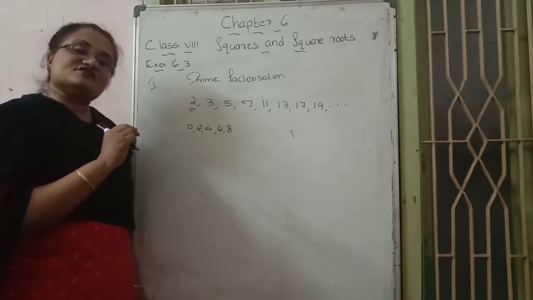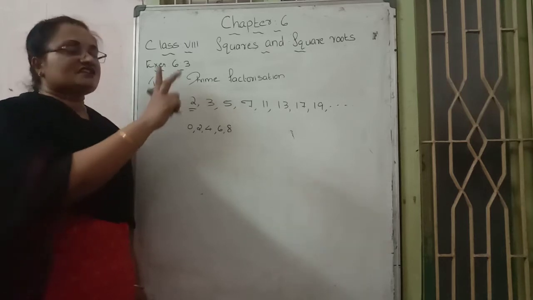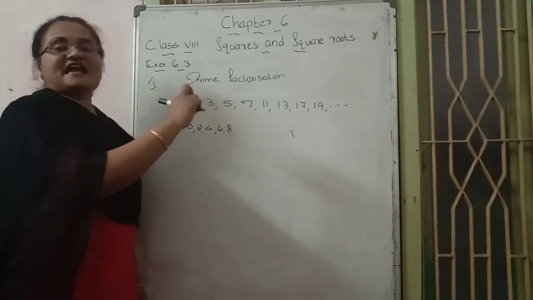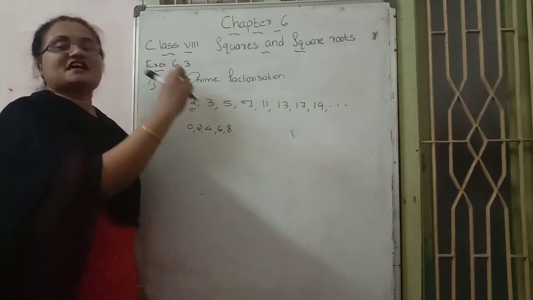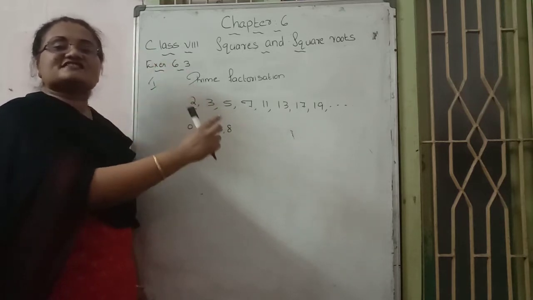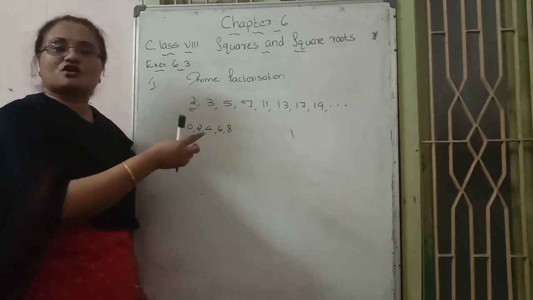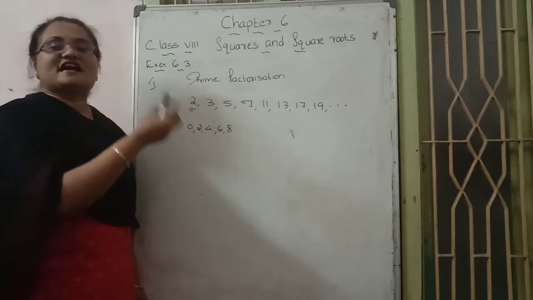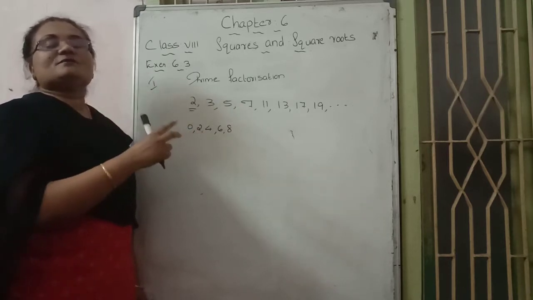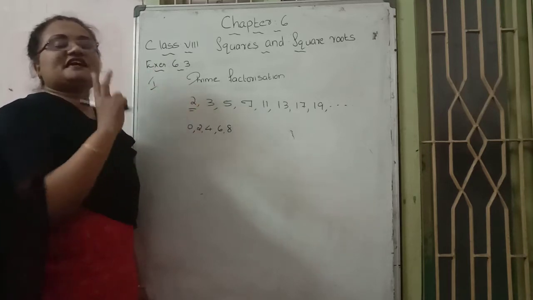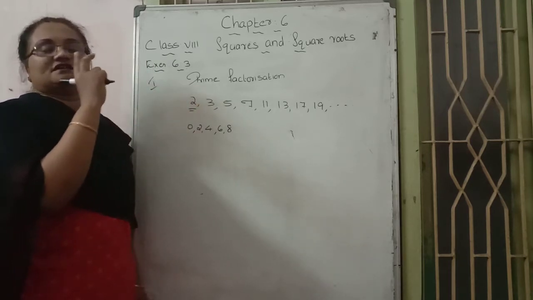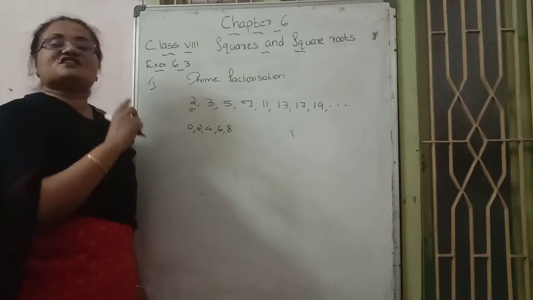Next, what is the divisibility test of 3? We add the digits of the given number and check whether the sum is a multiple of 3 or not. If it is, we can say the given number is divisible by 3.